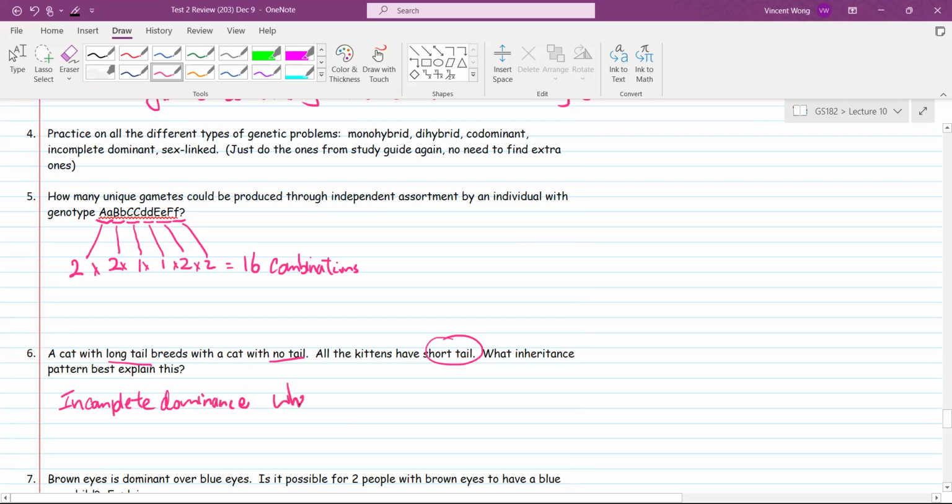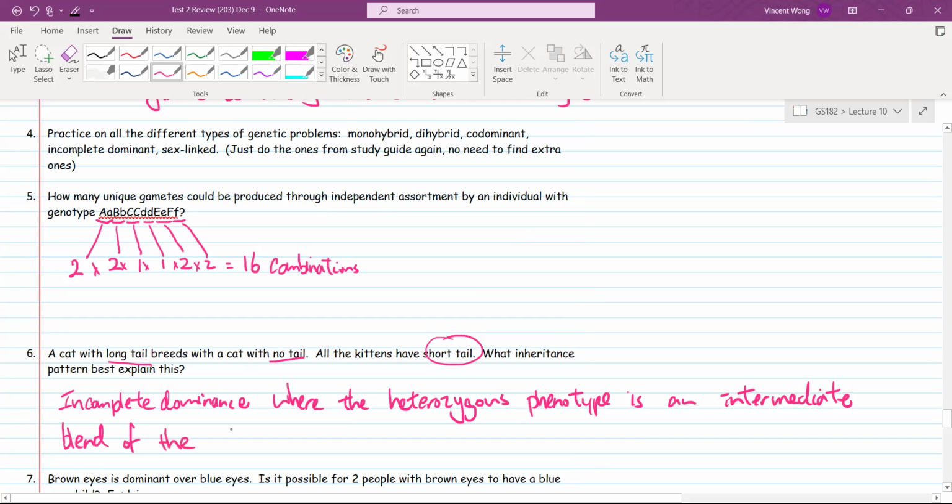Where the heterozygous phenotype is an intermediate blend, if you would, of the homozygous phenotypes.